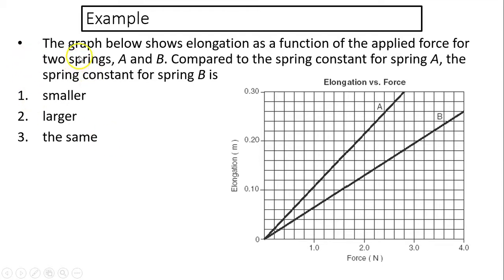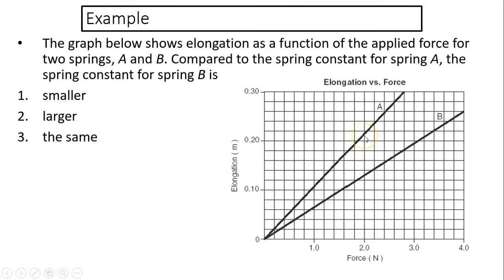Okay, take a look at this graph. The graph below shows elongation versus force. Remember, in elongation versus force, the slope is 1 over K. So how do you compare the spring constant of spring A to B?